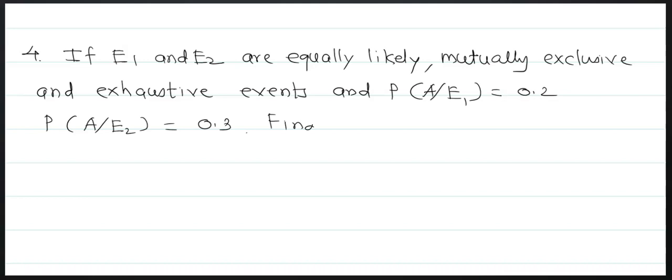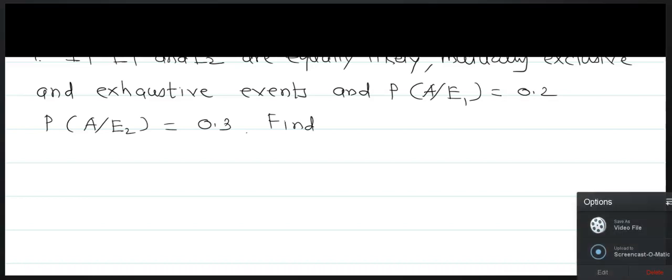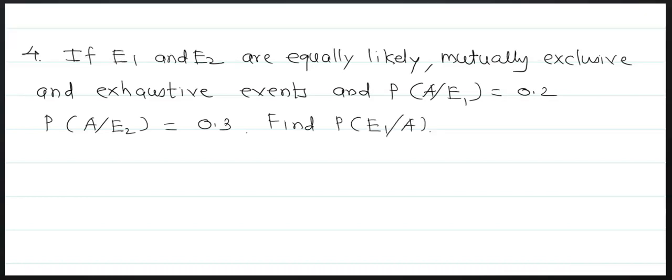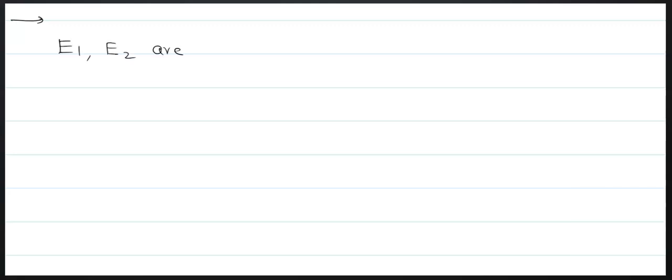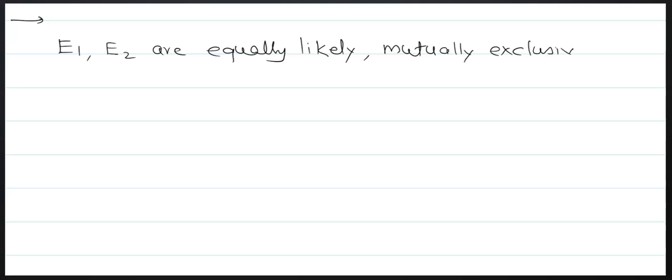Probability of A conditional E2 is equal to 0.3. Find probability of E1 conditional A. Again, this is very simple, the same type of formula which we use for problem number 2 and 3. See this? E1, E2 are equally likely, mutually exclusive and exhaustive events.